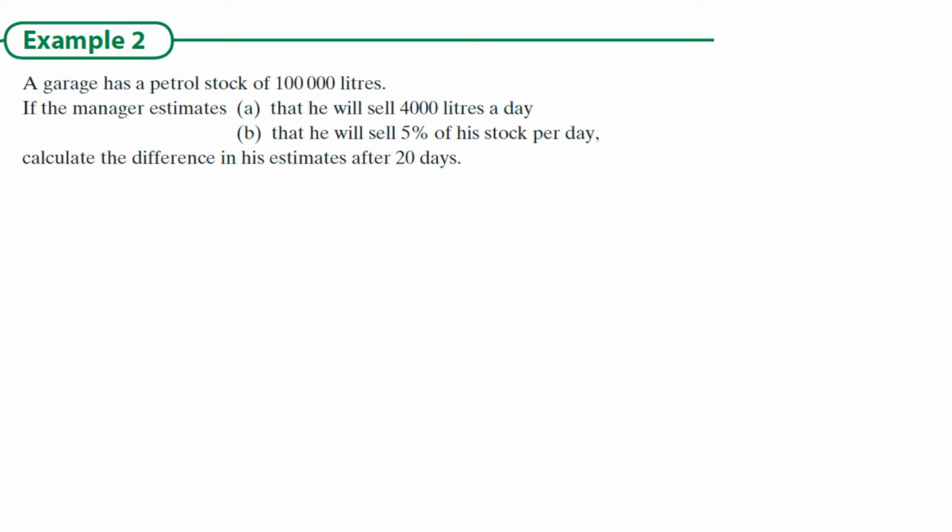Now, there's no quick way to do that without our formula, because if you get 5% of 100,000 and take it away, then you have to get 5% of that new number, and so on. So for A, our straight line method, we have 20 days. If you have 4,000 litres a day by 20 days, that is 80,000 litres. So that's how much he sells. That's his estimate. Then for B, he starts with this.